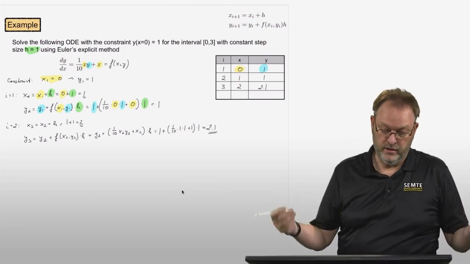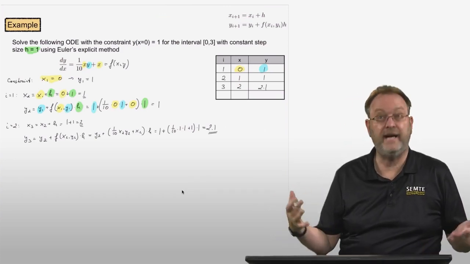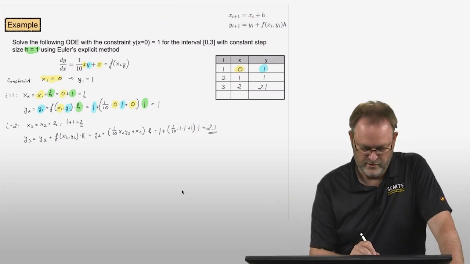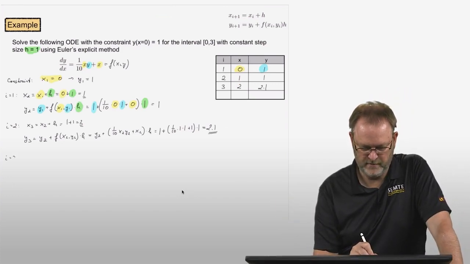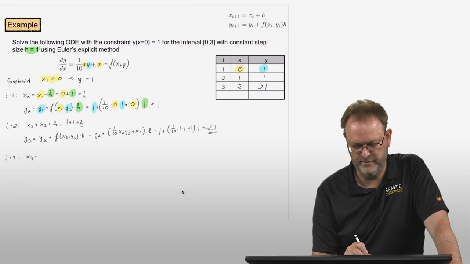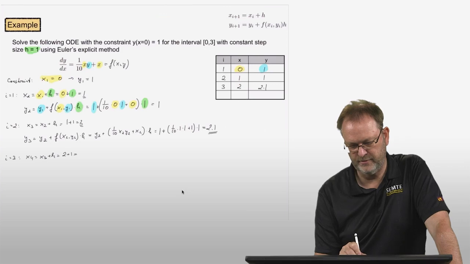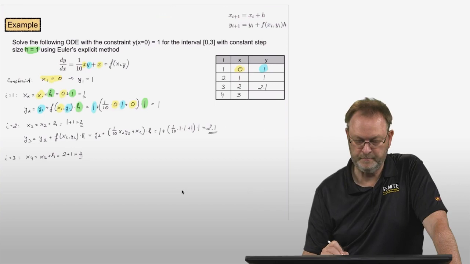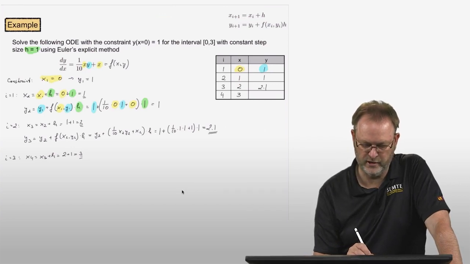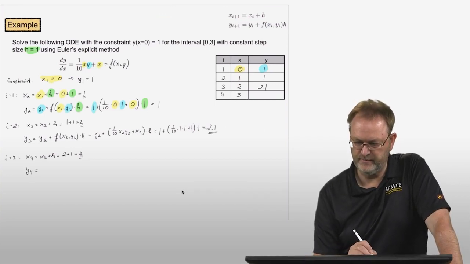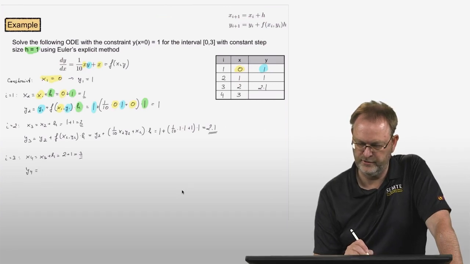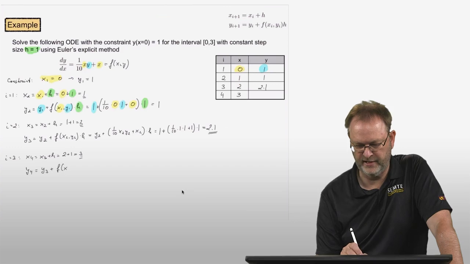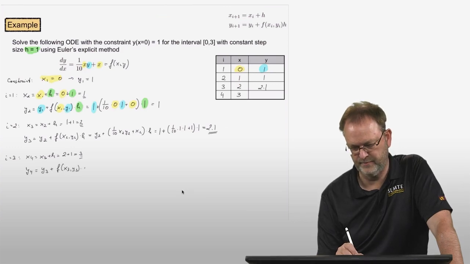And then we need to do a third step to reach x equal to 3. So i equal to 3. We have x4 is equal to x3 plus h. That's 2 plus 1, that's equal to 3. So if i is equal to 4, x is equal to 3. And the y4, using Euler's explicit method, y4 is equal to y3 plus f of x3, y3, times h.